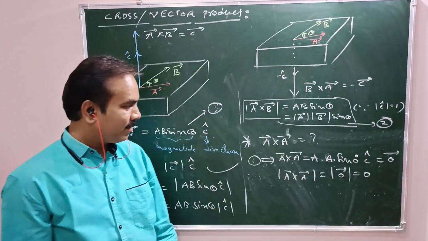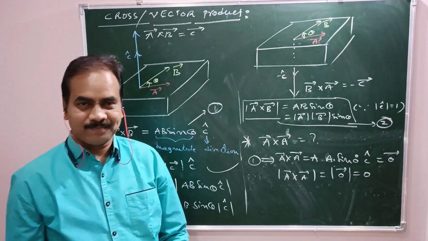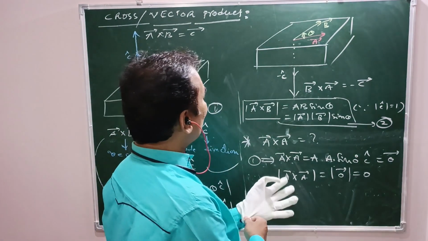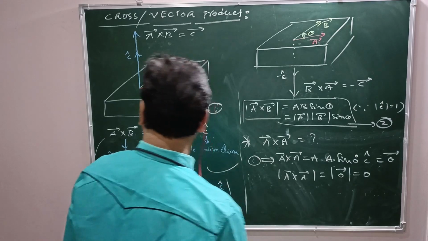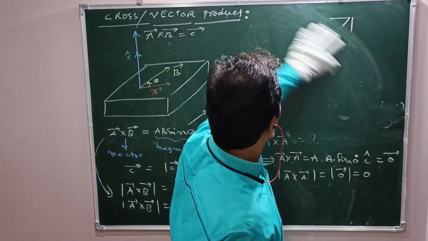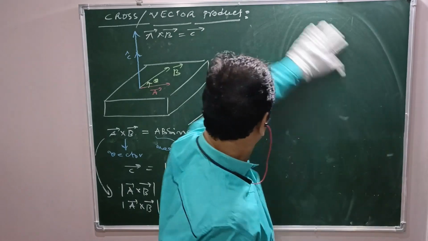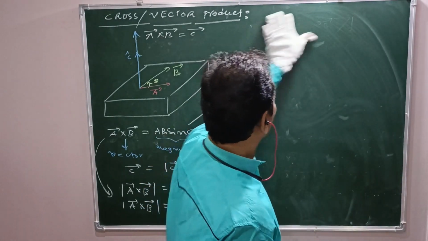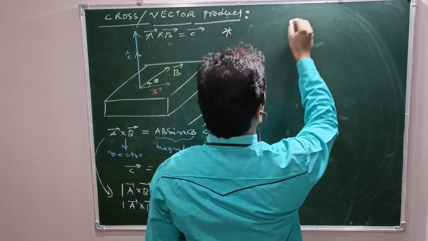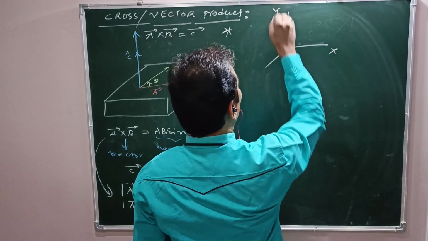Okay? Similarly, we can have I cross I, J cross J, K cross K, as far as orthogonal unit vectors are concerned. Let us see orthogonal unit vectors. In the case of orthogonal unit vectors, now see: x-axis, y-axis, z-axis.